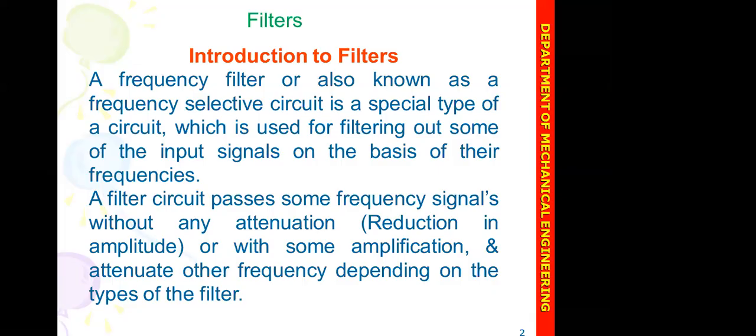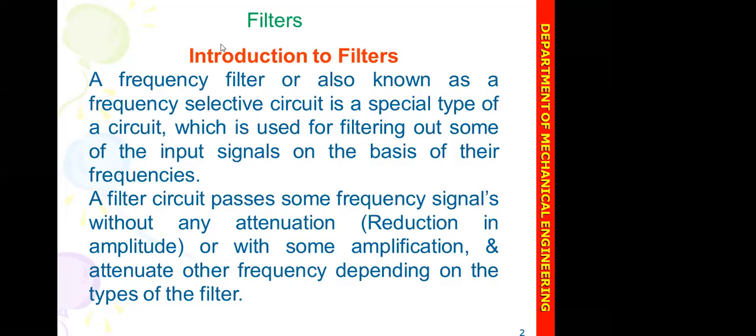So here the filter is an electronic component or device that allows only a certain band of frequencies from a signal, and the others, the unwanted frequencies, are removed or eliminated. Now the filter is clear.